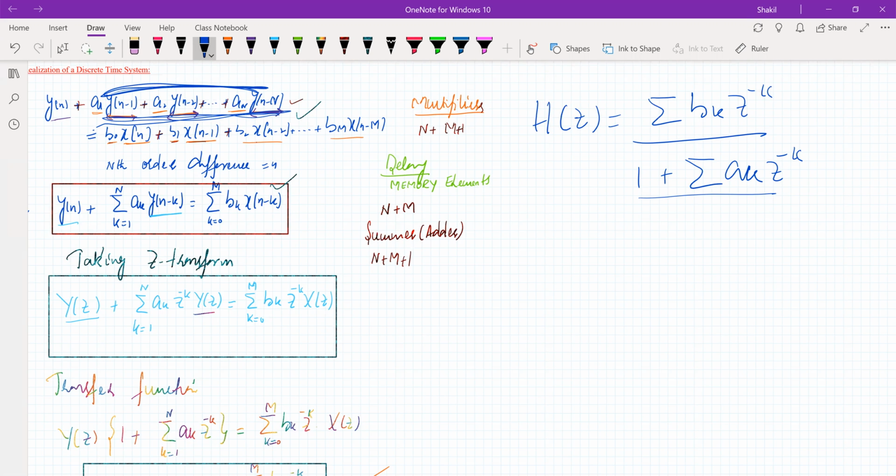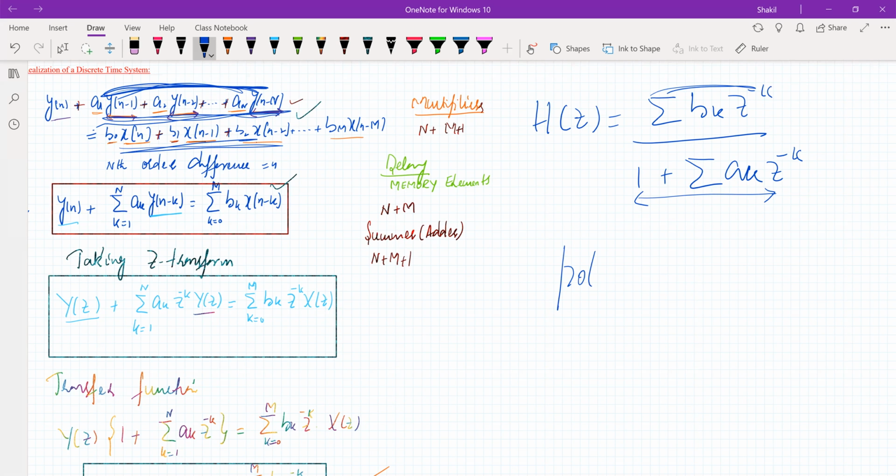This part comes from this, and this part comes from this. So the numerator part is associated with the previous inputs and present inputs, and the denominator part is associated with the previous outputs, right? So the poles are determined by the previous outputs, in other words.